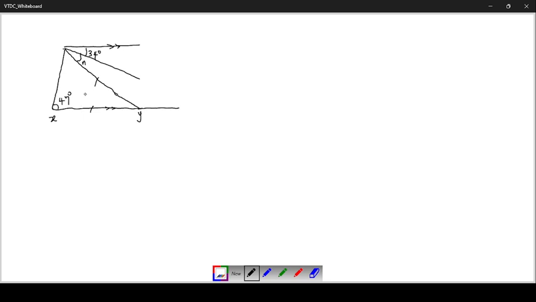But before that, let's look at the triangle. Okay, T to S is parallel to X to Y. So that information is well taken.